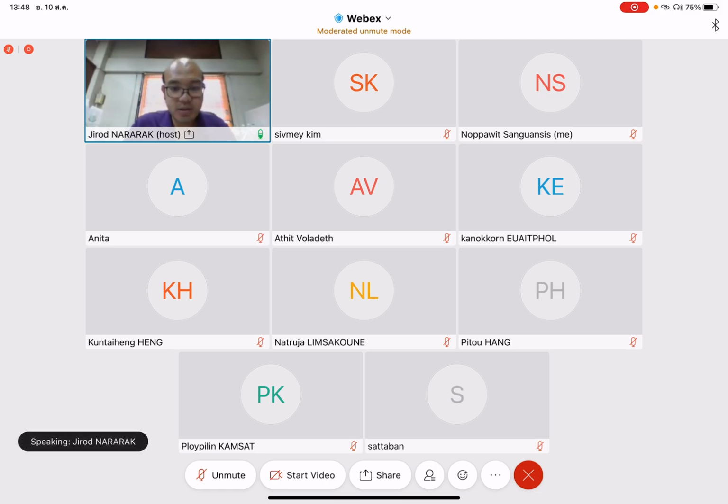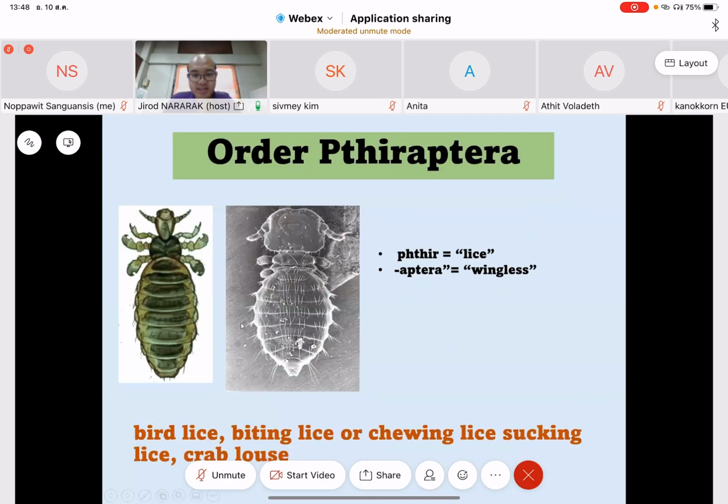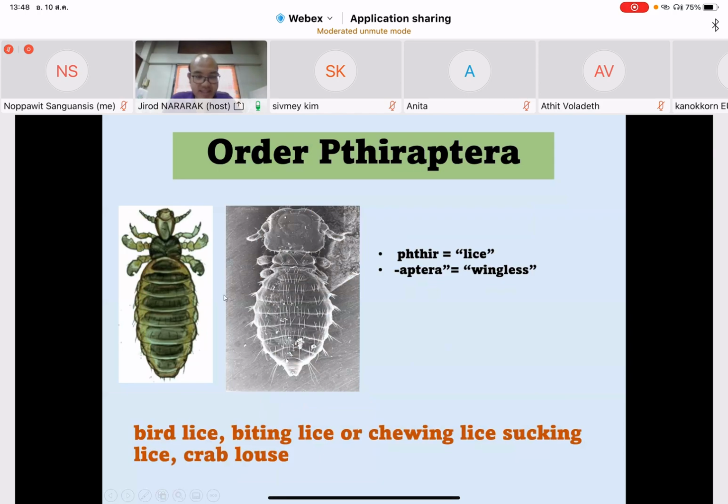Okay, share screen. So you can see here is lice.